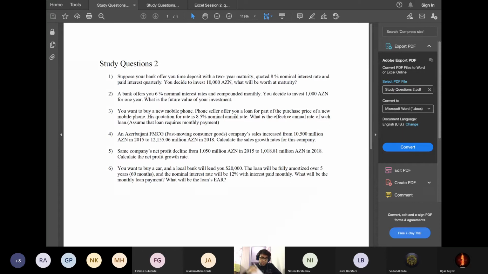Effective annual rate, guys, this has a formula. You just plug the annual rate into the formula. So we have rate 8.5%, nominal annual rate.